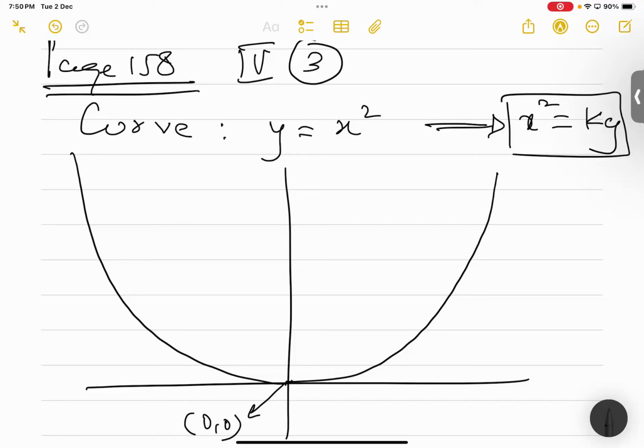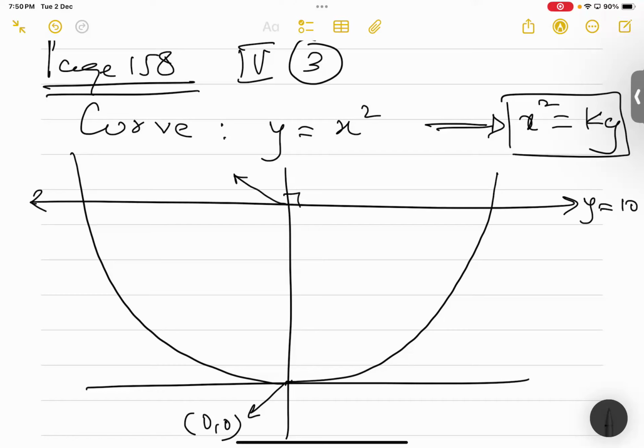Y equal to 10 is a line perpendicular to whom? Y-axis. Y equal to 10 is a line perpendicular to y-axis at 0, 10. Correct? Clear? There is no other line. So we have to start from where? Origin, because the problem does not give two lines. So obviously we'll start from the origin, right?